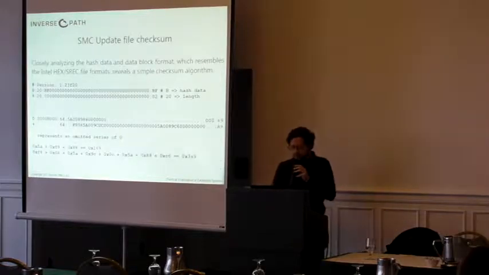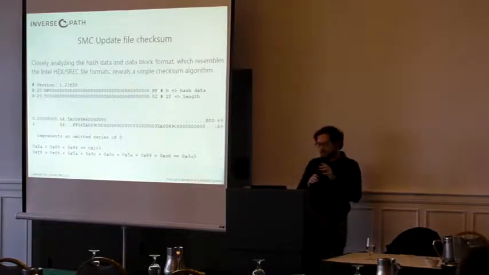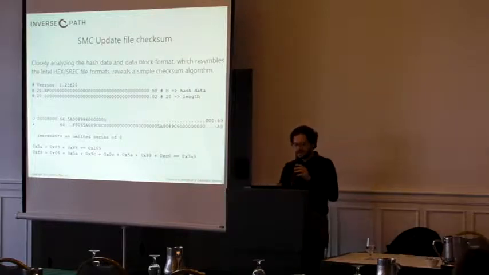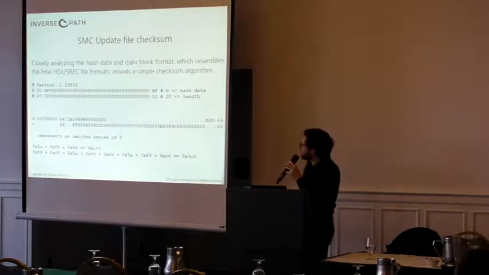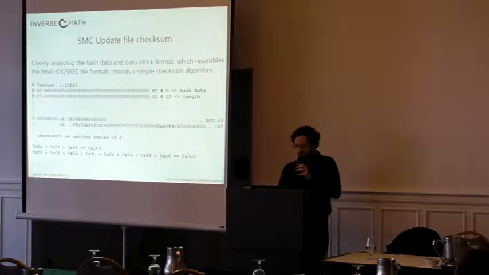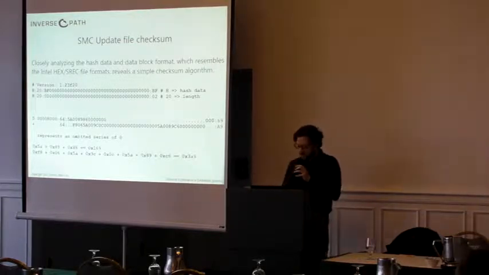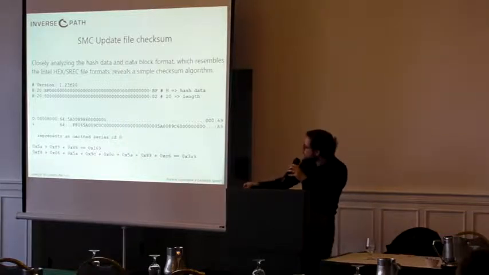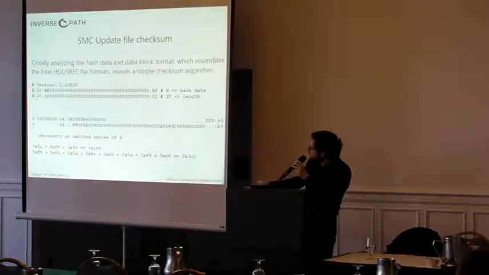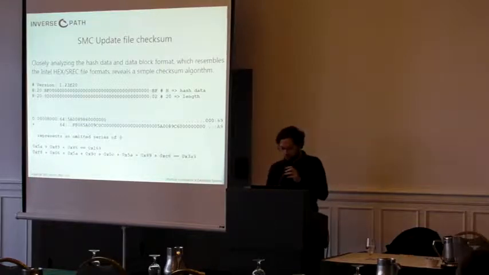So by analyzing what resembles the Intel Hex SREC file format, you can actually find out that the checksum algorithm is something extremely simple. The word that you see at the end of the row is actually the sum of all the different values that are contained in the row, and you just take the least significant byte and you put it there. So, this is very trivial to compute.